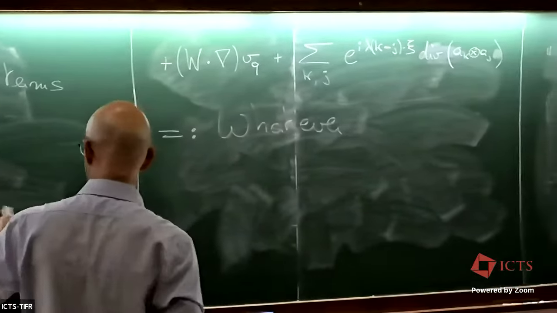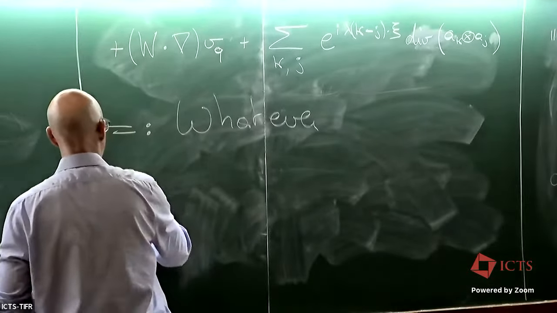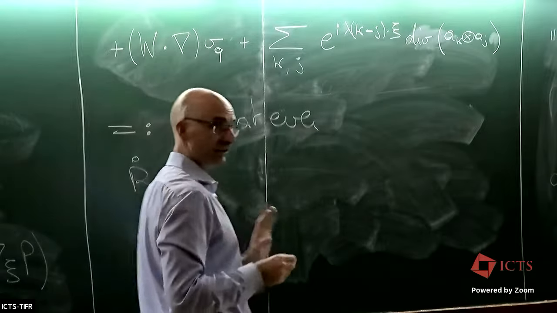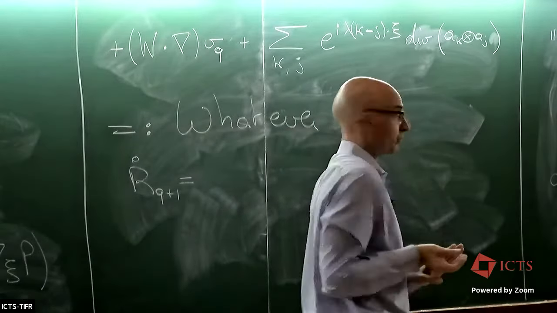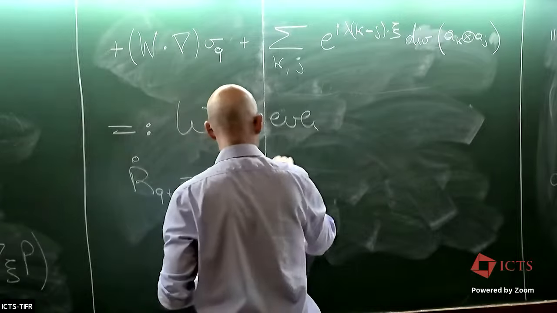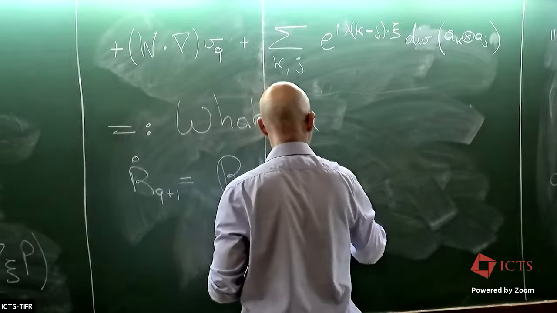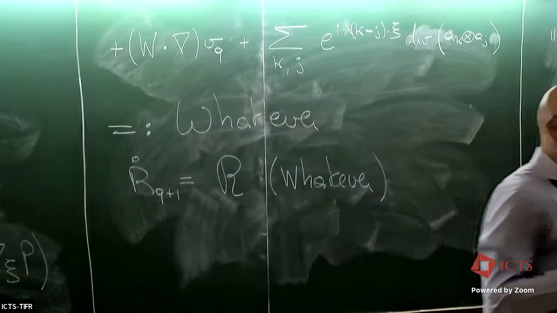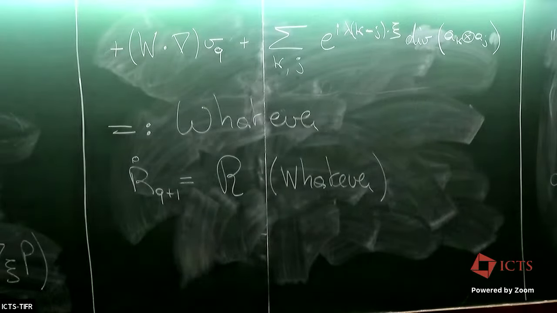My hope is to define R circle q+1 to be the inverse of the divergence for the tensors of this whatever, and make lambda very large so that that one becomes small. And let me analyze if that is at all possible, okay?